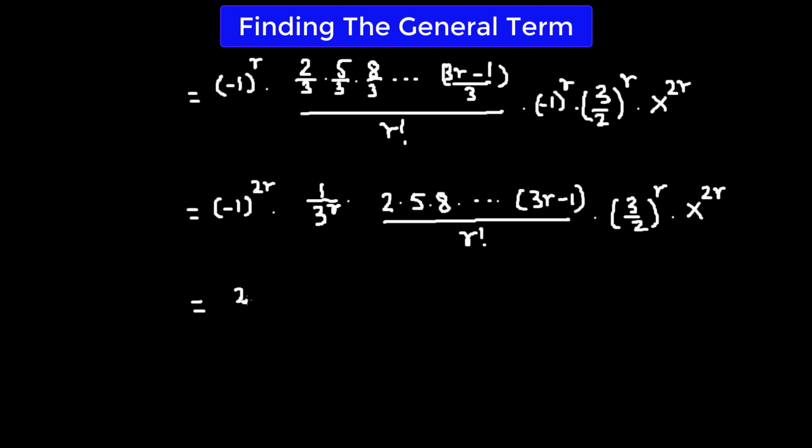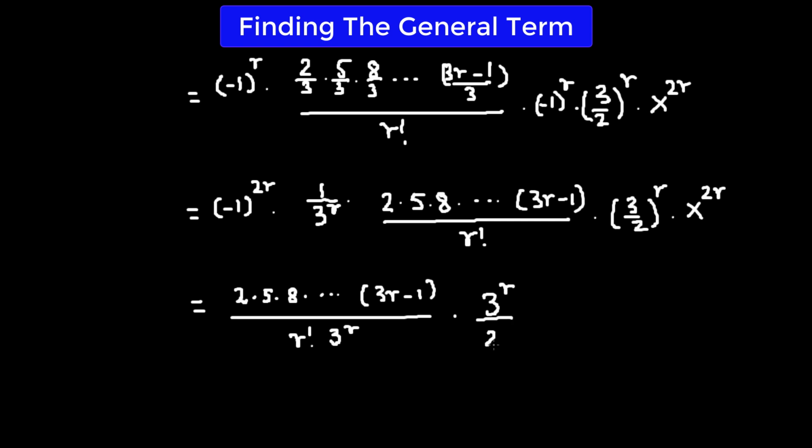So we have 2 times 5 times 8 all the way up to (3r - 1), divided by r factorial, times 3^r divided by 2^r, times x^(2r).